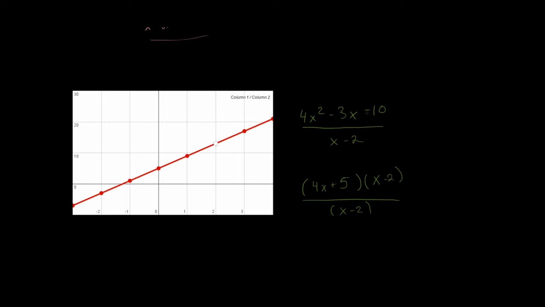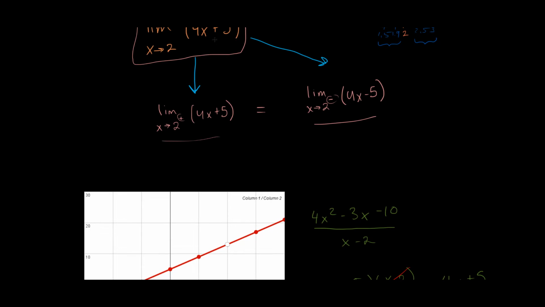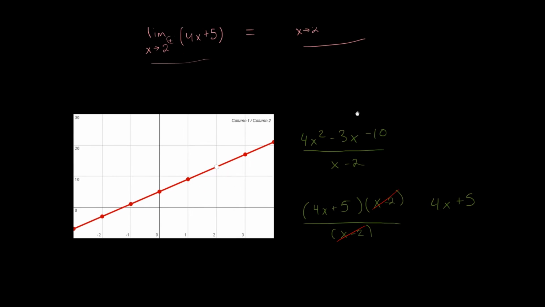I'm seeing what numbers multiply to give me negative 10, and what numbers add up to give me negative 3. So now that we have that, I see we have an x minus 2 on top and on bottom. So, well, I can just cancel these out, right? Okay. So now I'm left with 4x plus 5. It's pretty much the same equation that we had in the previous problem.